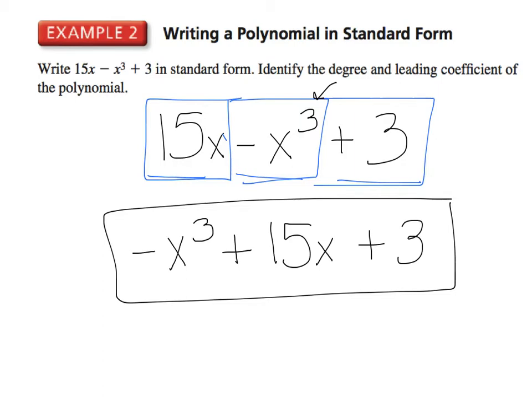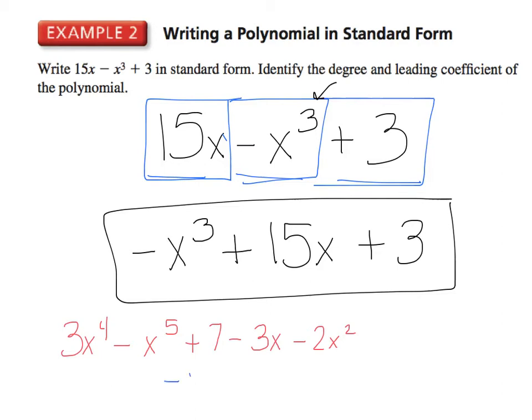If I gave you another one, 3x to the fourth minus x to the fifth plus 7 minus 3x minus 2x squared. If you put this polynomial with 5 terms in standard form, you would get this.